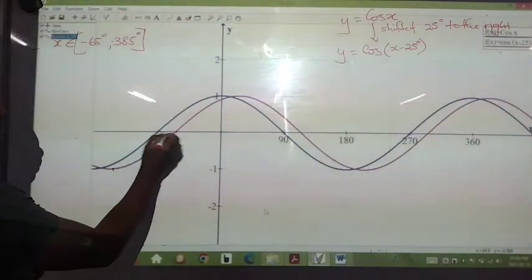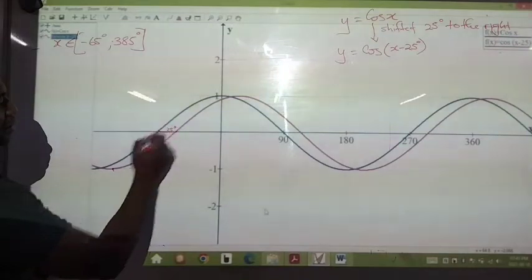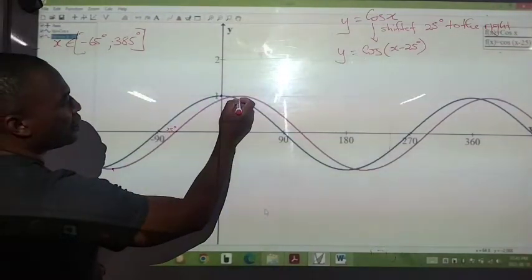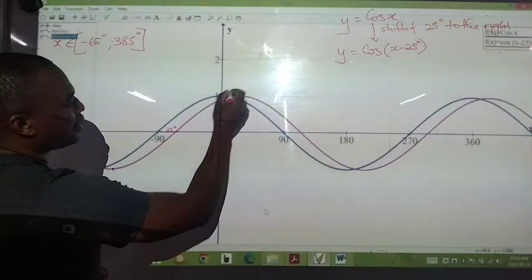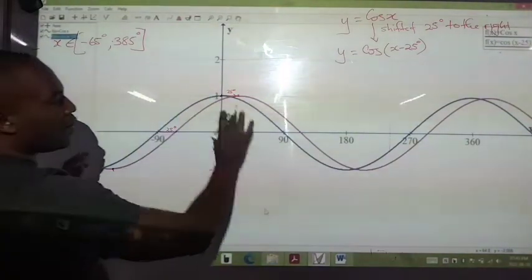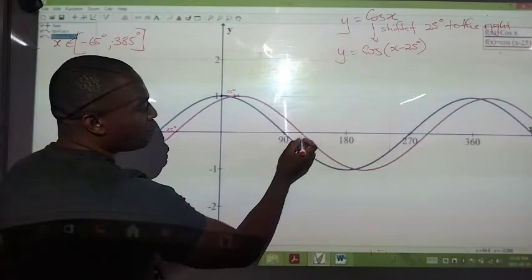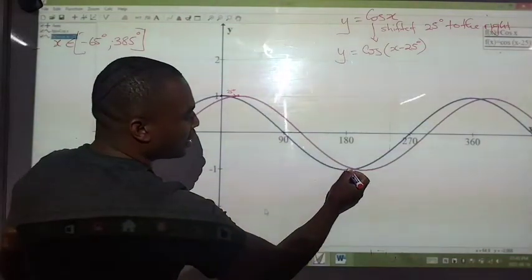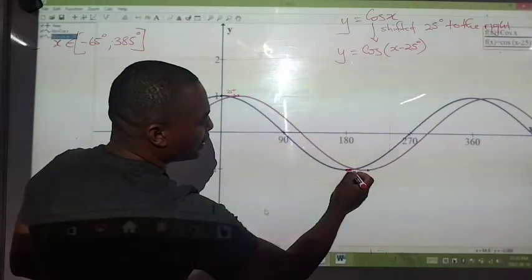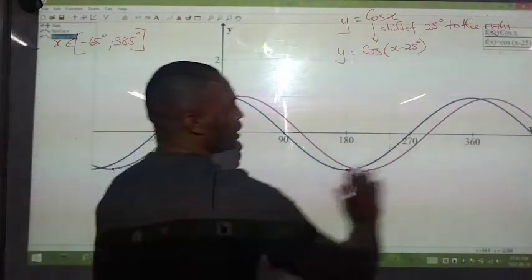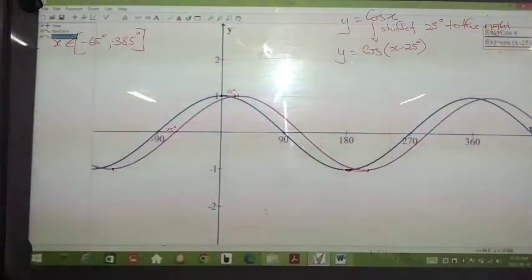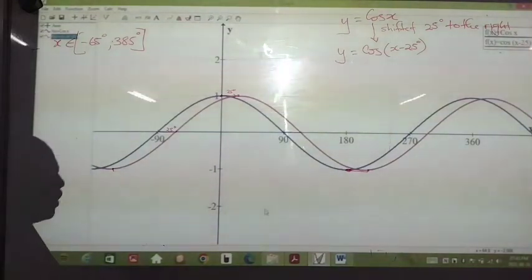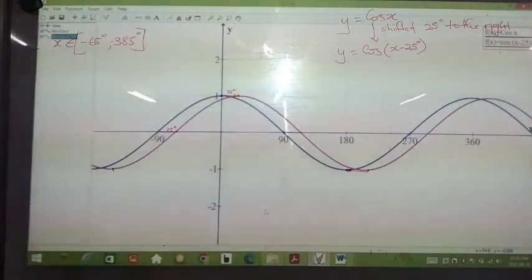The graph has moved. This is 25 degrees. From here to here, that's 25 degrees horizontally. The y coordinate is not changing, but it is only the x coordinate that is moving 25 degrees. So every point has been moved 25 degrees to the right. So it becomes very easy to draw these graphs in that understanding.